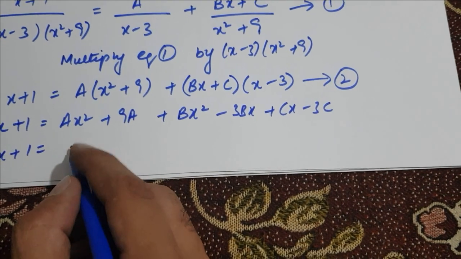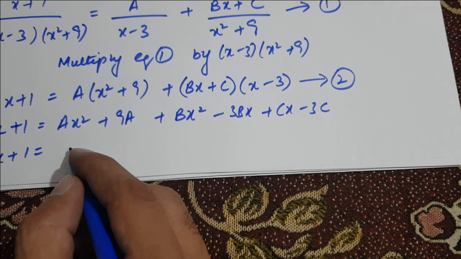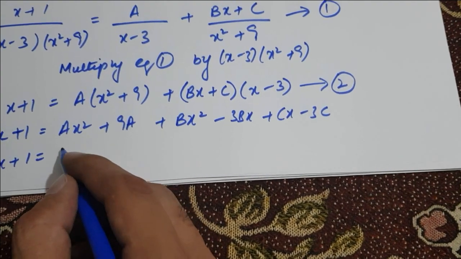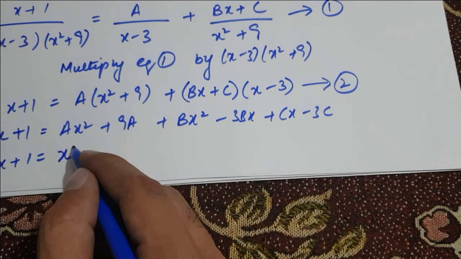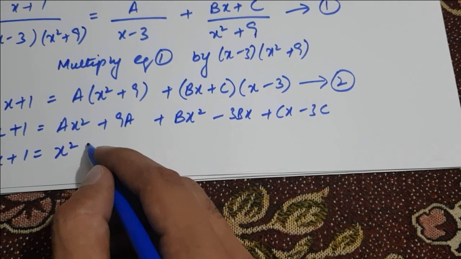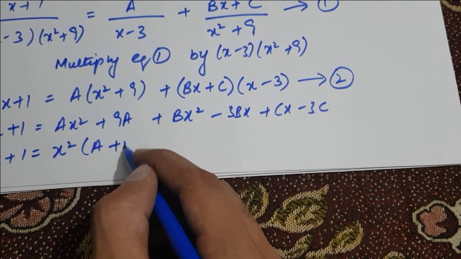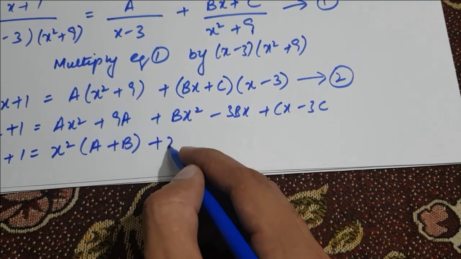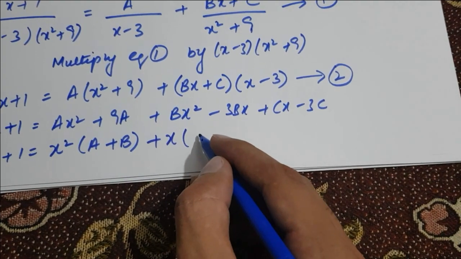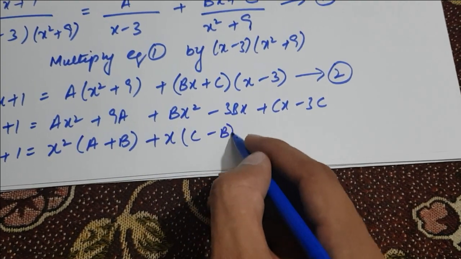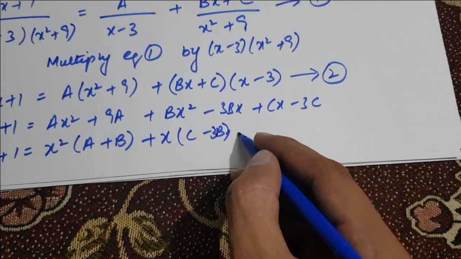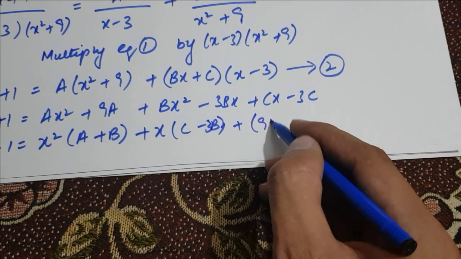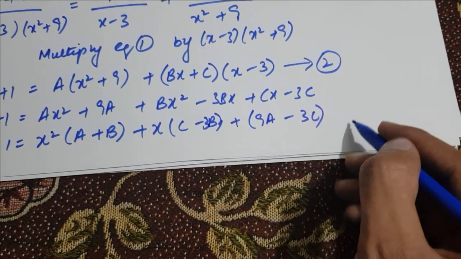We get x plus 1 equals, now combining the terms involving x squared, we get x squared into (A plus B), plus x multiplied by (C minus 3B), plus the constant terms that are 9A minus 3C.